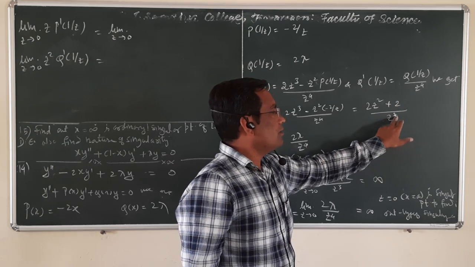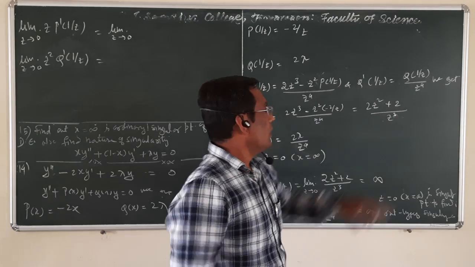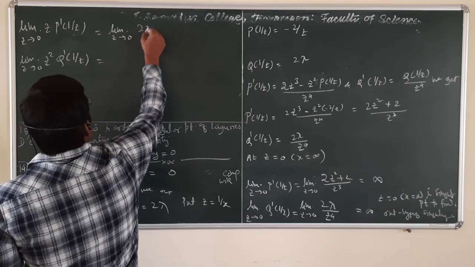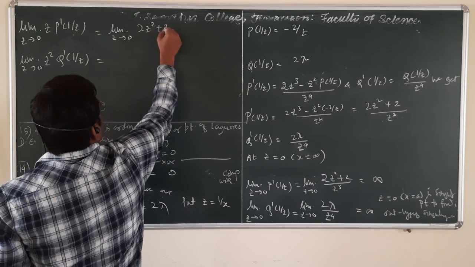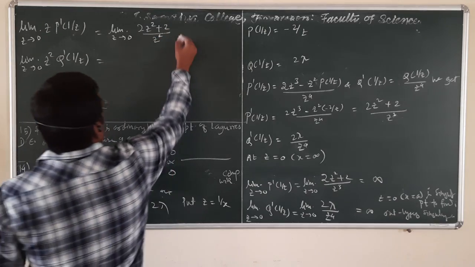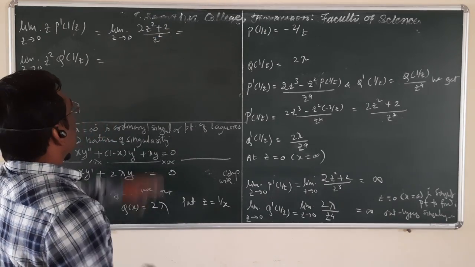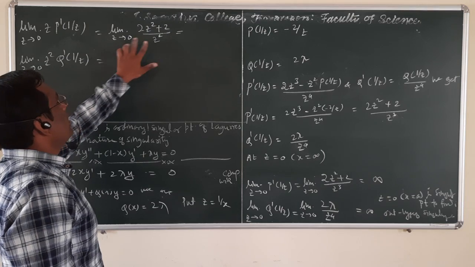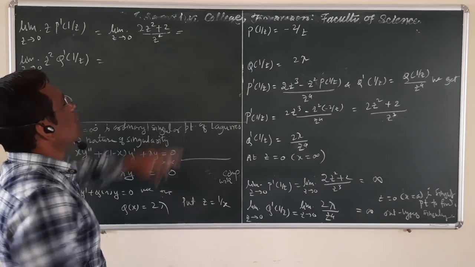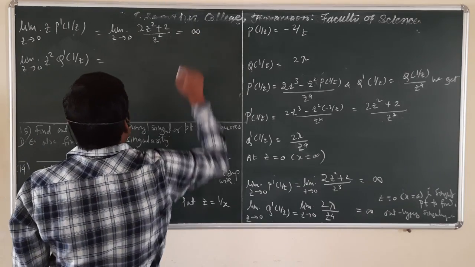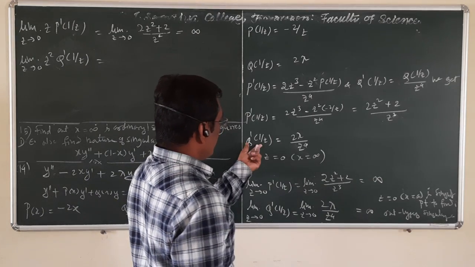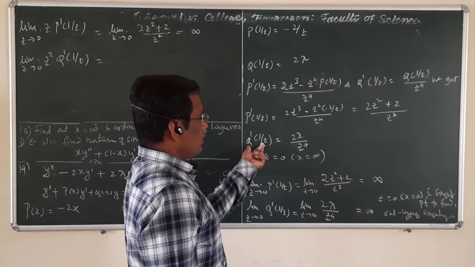This power will reduce to 2. So if you multiply this to z, we will get 2z square plus 2 divided by z square. Now this limit is, if you put value of z is equal to 0, so 2 into z square, which is 0, so 2 divided by 0, which is again infinity, and this z square multiply by q dash of 1 upon z.